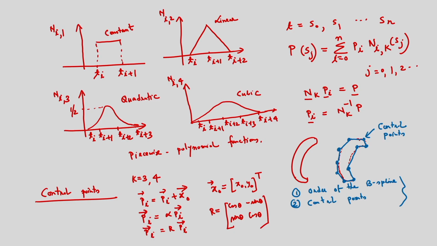So what are the parameters I can modify? One is the position of the control points. Another one is the position of the knots.